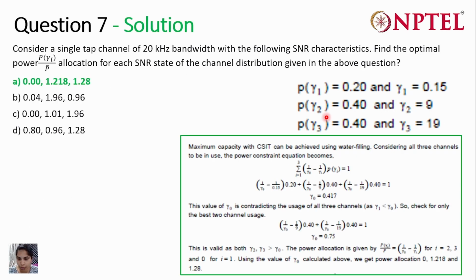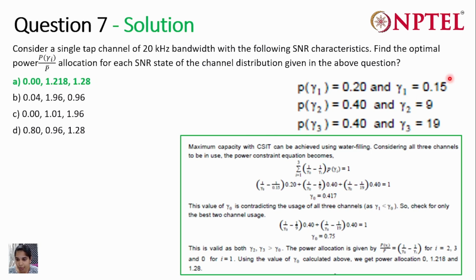First, we know that P of gamma I by P bar is 1 by gamma naught minus 1 by gamma I. So we know the power constraint, so the sum of all these should be 1. We first take all the 3 gamma I's and then find what is gamma naught. In that situation, gamma naught comes out as 0.417.